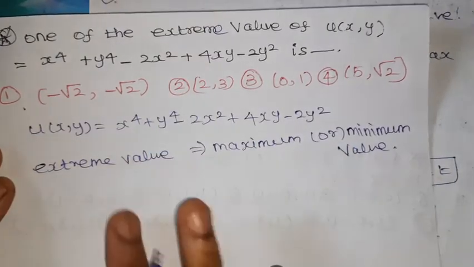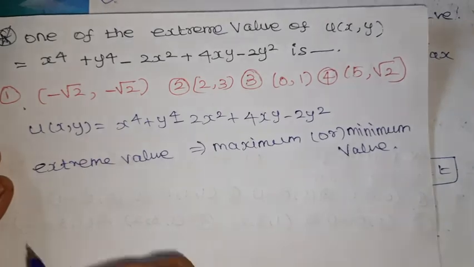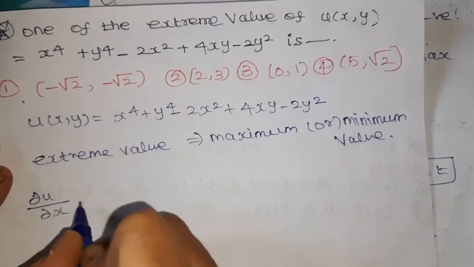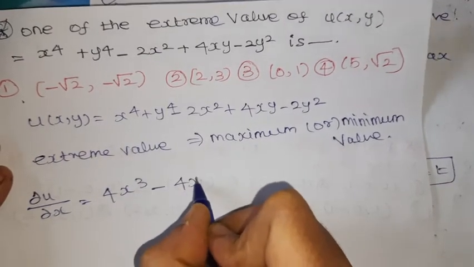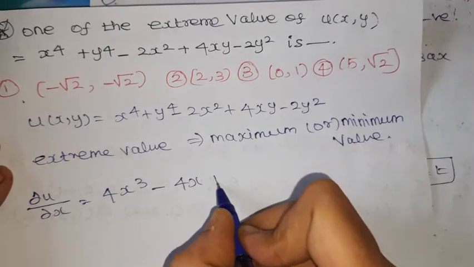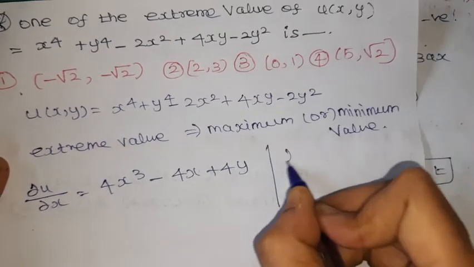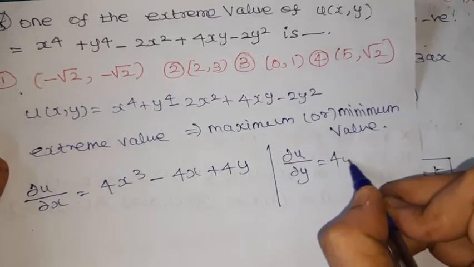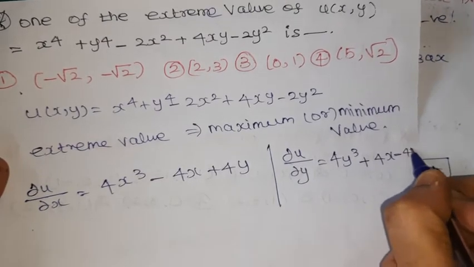Just differentiate ∂u/∂x and ∂u/∂y and equate to 0, and we can find the x and y points. First ∂u/∂x is 4x cube minus 4x plus 4y. Then ∂u/∂y is 4y cube plus 4x minus 4y.